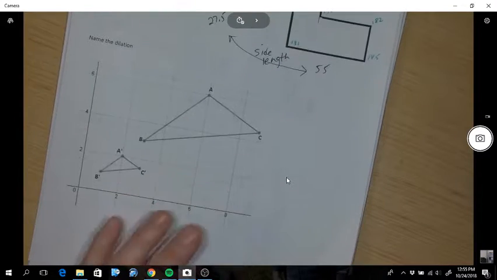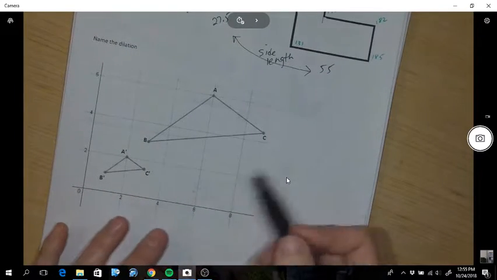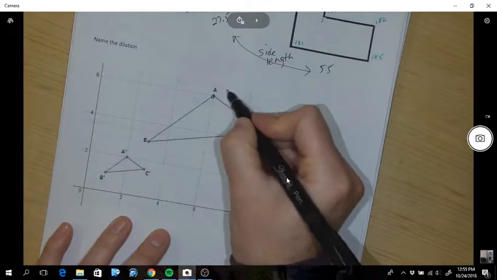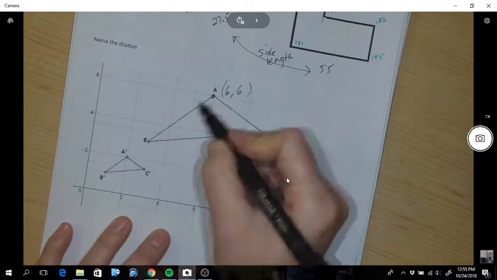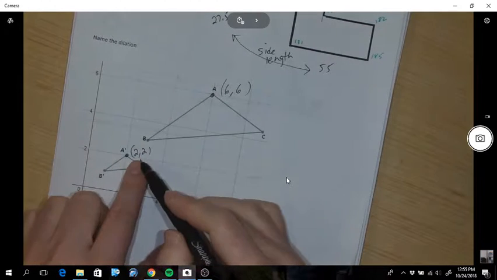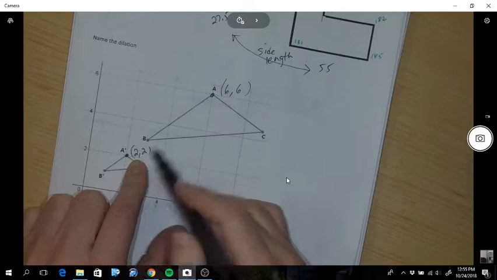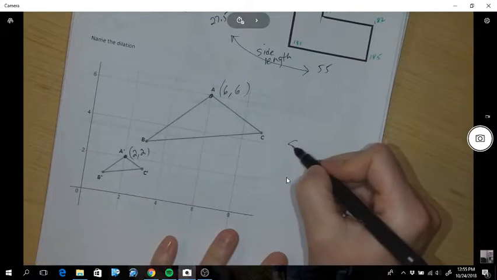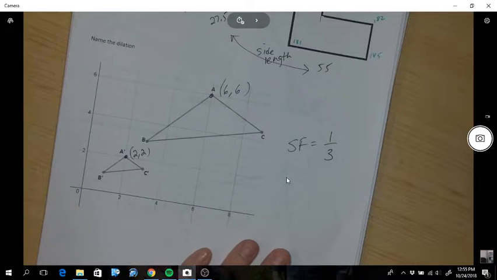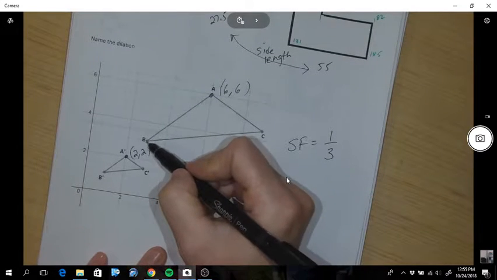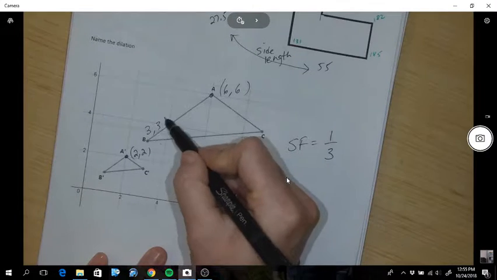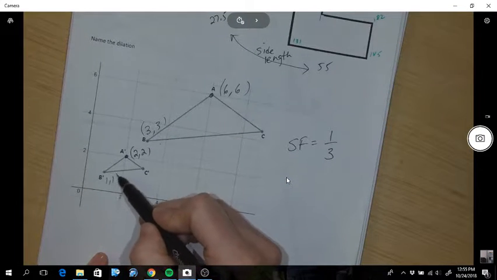Okay, and this last example, name the dilation. So here's our original, which was at 6, 6, and the new was at 2, 2. So what happened? It went 1/3 of the way. So my scale factor of my dilation is 1/3. Let's check out B. It went from the coordinate 3, 3 to 1, 1.